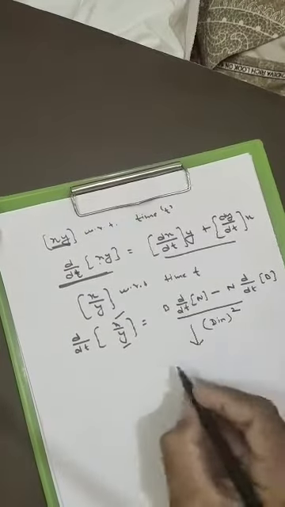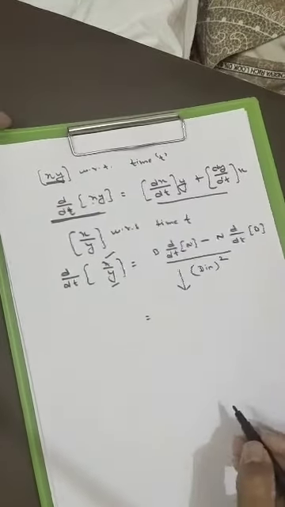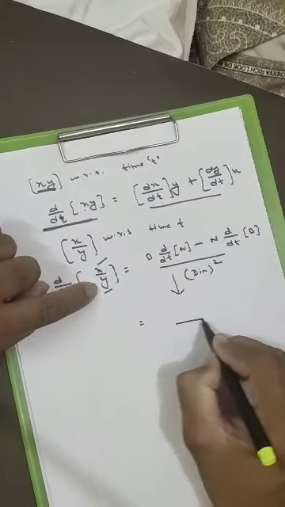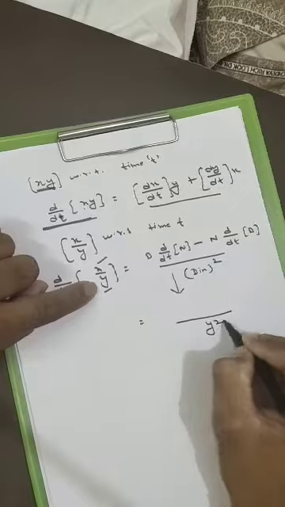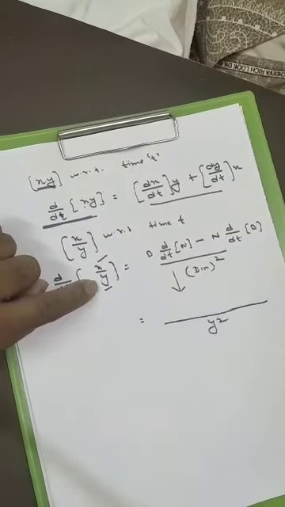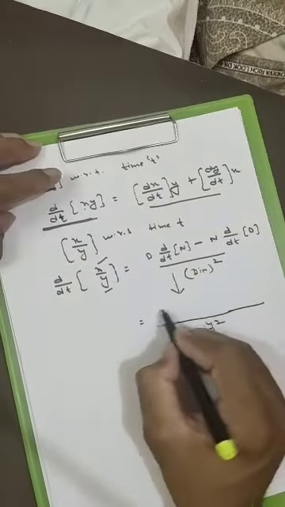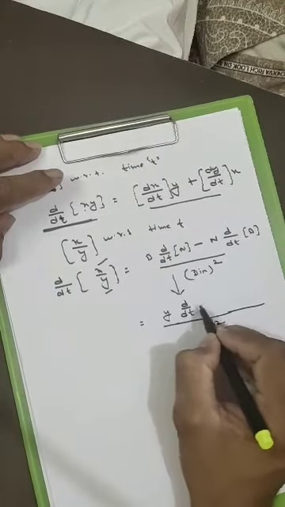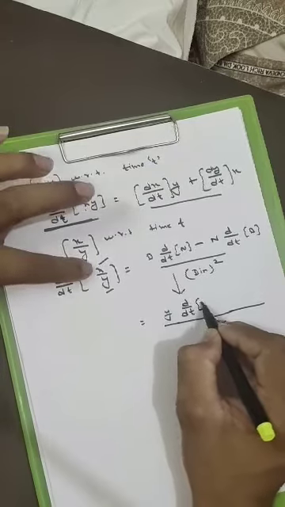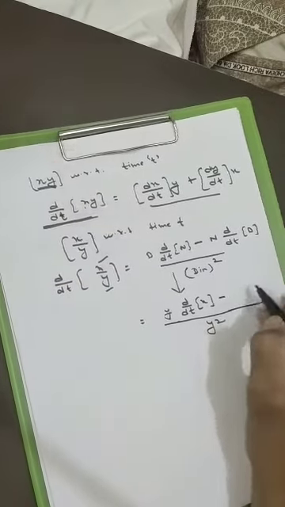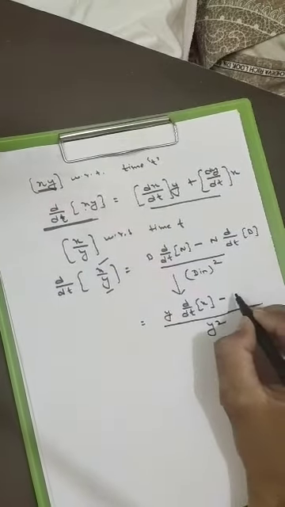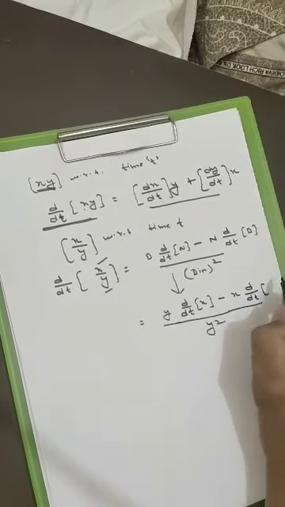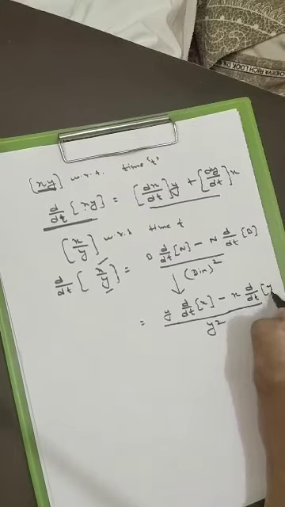Let's write it in our quantities form. Here the denominator is y, so put the square of y here. Then put the denominator as it is, y, d by dt of the numerator x, minus put the numerator as it is and d by dt of the denominator.